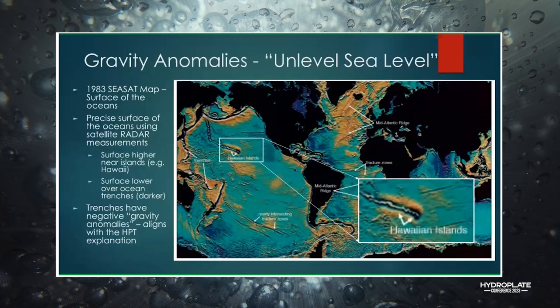And one of the things about the hydroplate theory is that it's driven a lot by the force of gravity. That's the driving force. So the trenches themselves were being pulled down, and that actually matches the earlier aspects we saw where the whole Pacific Ocean itself was sucked down as the Atlantic floor was rising. And so the gravity anomalies actually reinforce that idea here. And the ocean trenches have these significant anomalies that we can even measure by satellite.